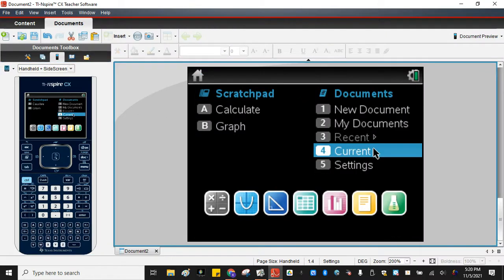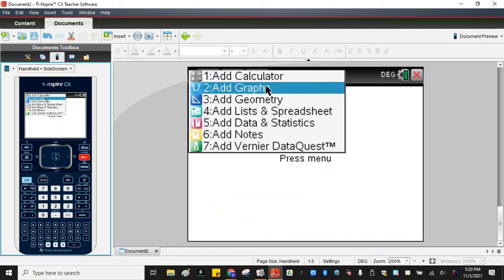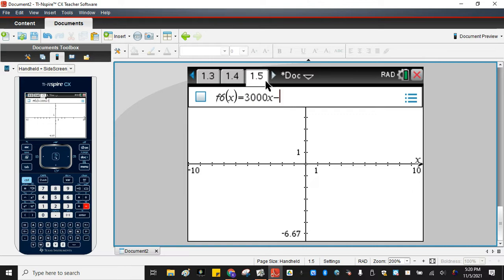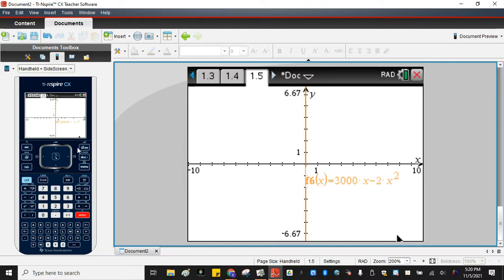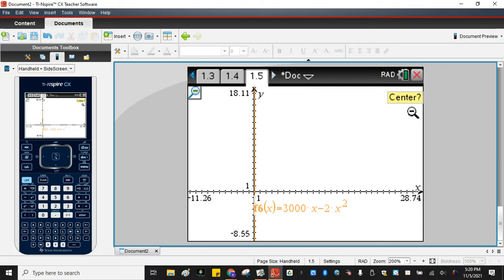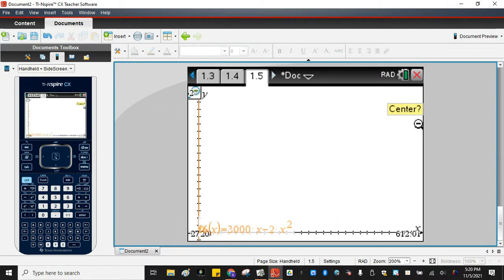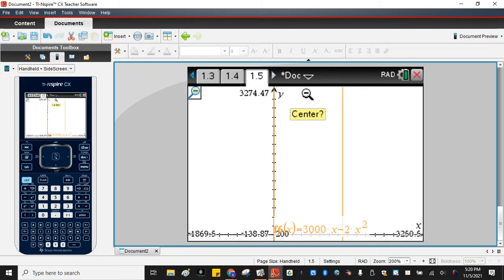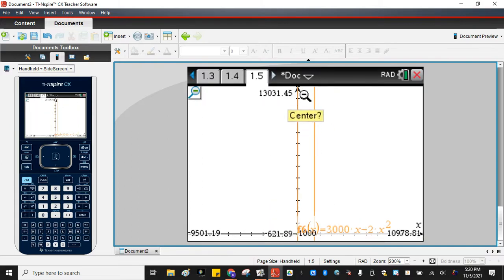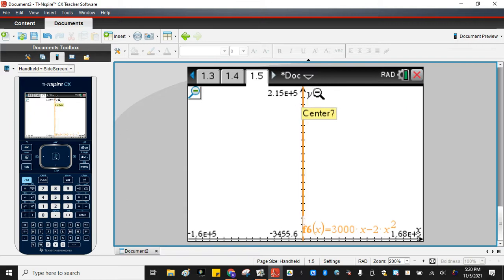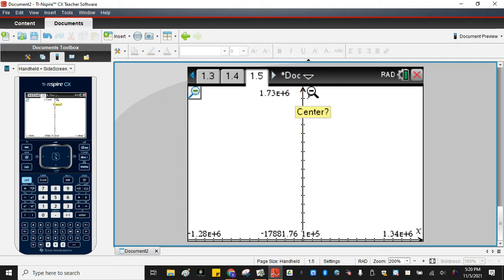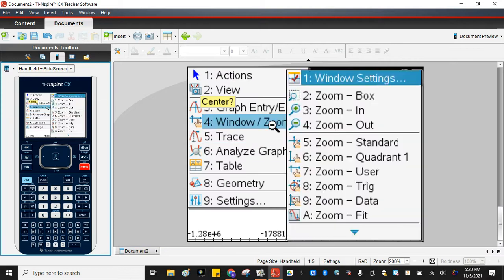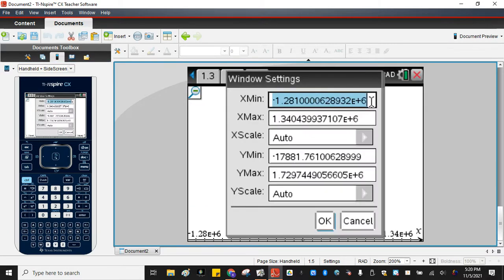So back to our current document. 3,000X minus 2X squared. I have to zoom out. Where is the, oh, there it is. Whoa, whoa, whoa. So I now have my 2 legs. Here's our maximum. Oh my goodness. I lost the graph. I'm going to go negative 50, positive 250.